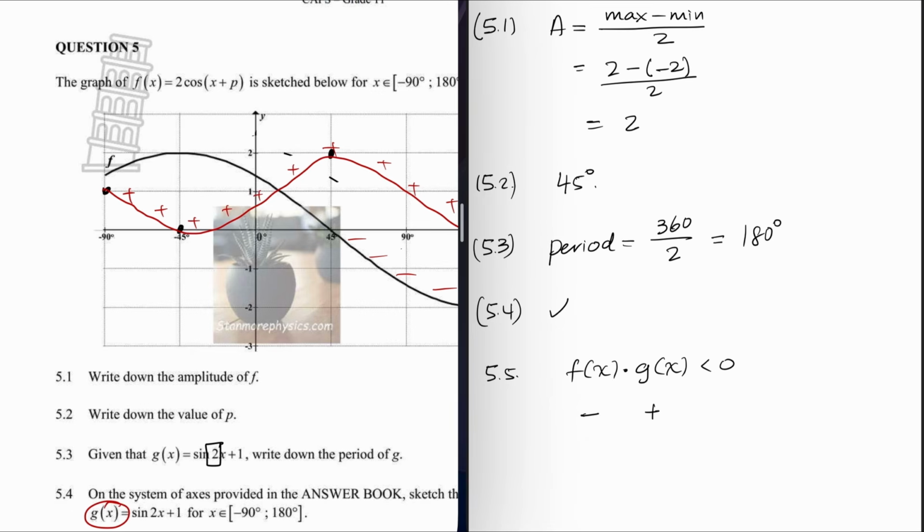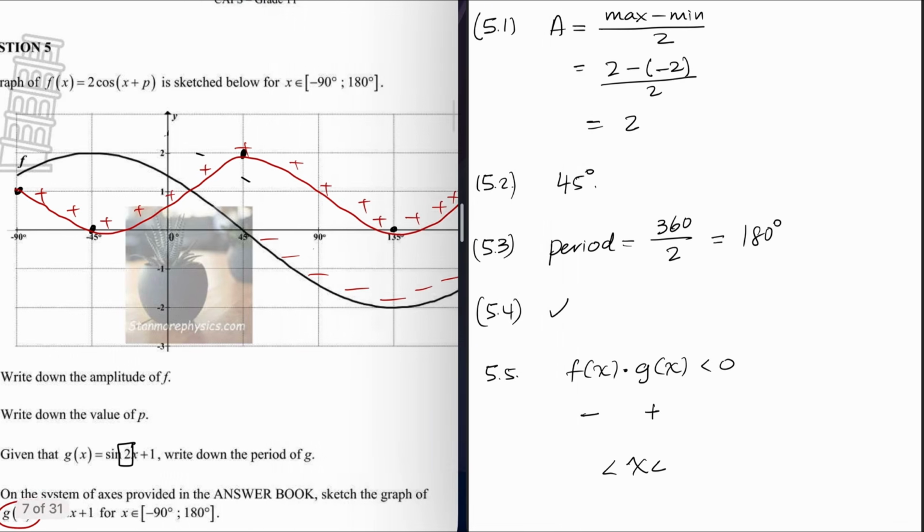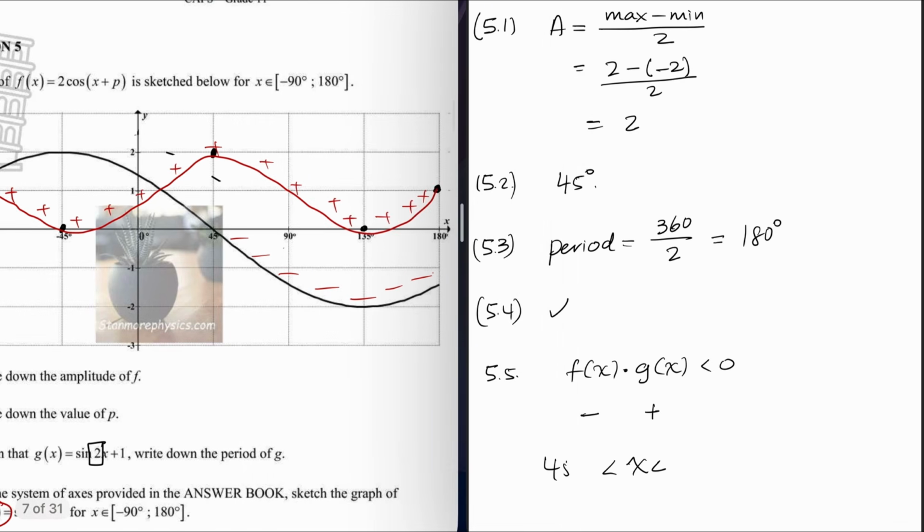So we are simply going to say that x must be between 45 degrees and 180 degrees. Apologies. So x must be between 45 and 180, but x cannot equal 135.